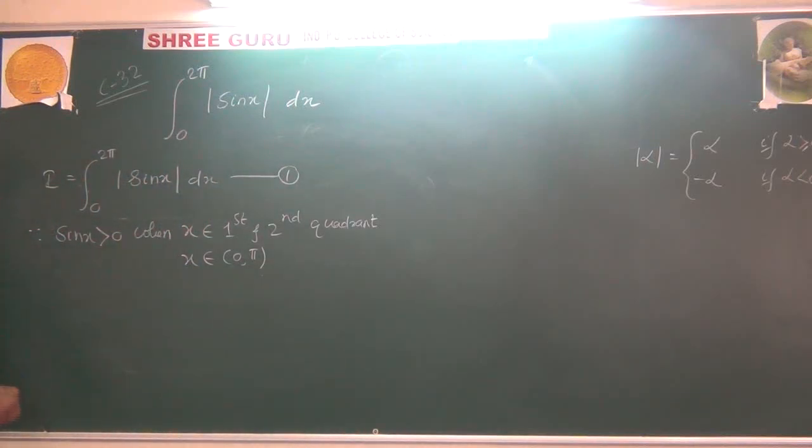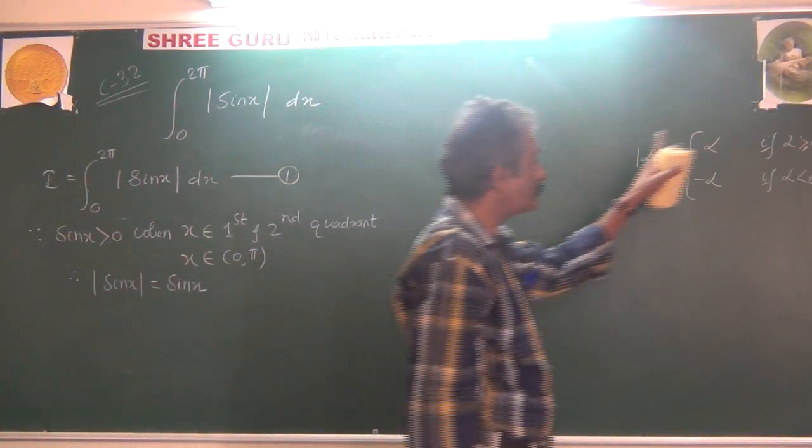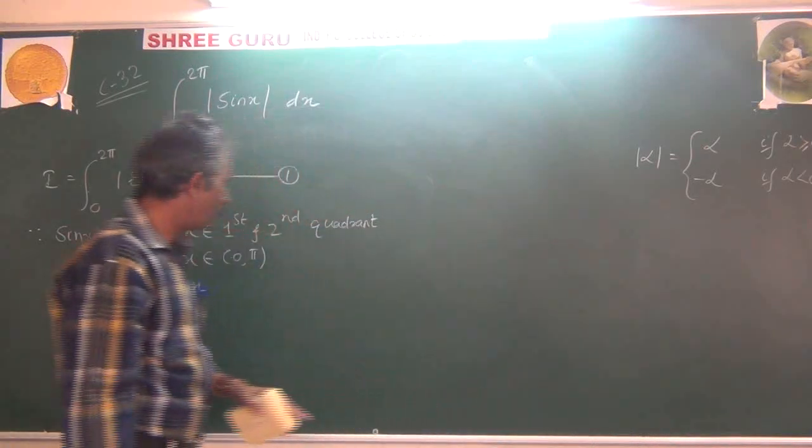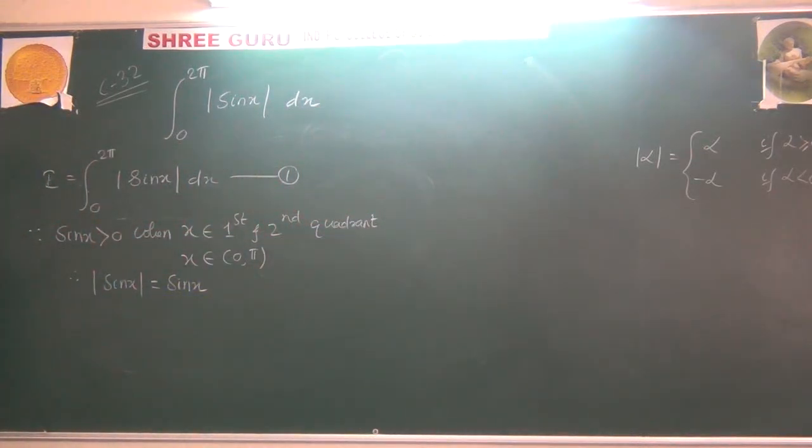So under this range of x, mod sin x will be equal to how much? Plus sin x, because mod alpha is plus alpha whenever alpha is positive. Since sin x is positive, therefore mod sin x will also be plus sin x. Next, also sin x will be negative when x belongs to third and fourth quadrant.